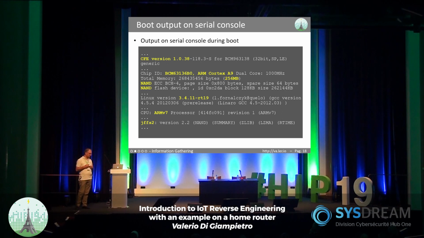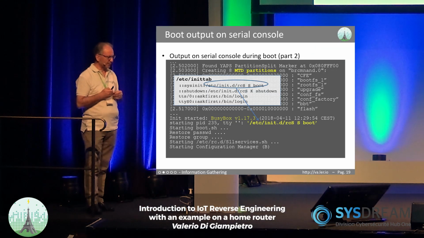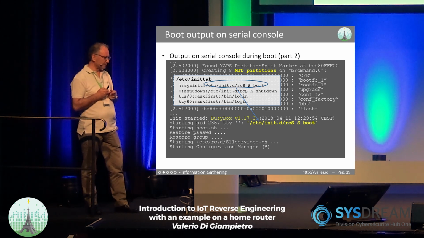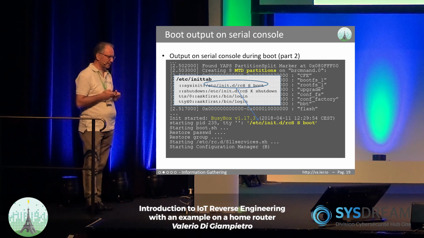The instruction set is the ARM v7 instruction set, and the JFFS2 file system, among other things, supports the non-standard feature that is the LZMA compression. We can also identify how the NAND flash is partitioned, and we can also confirm that BusyBox is the init process, and that the first script started is the rcS script.